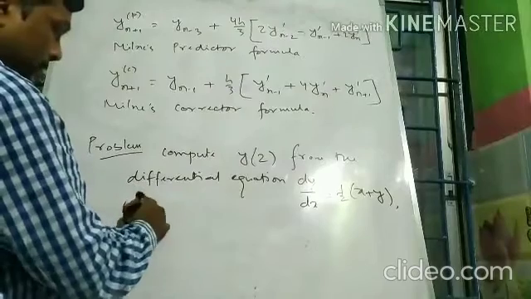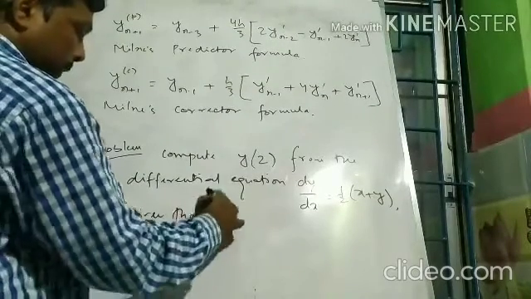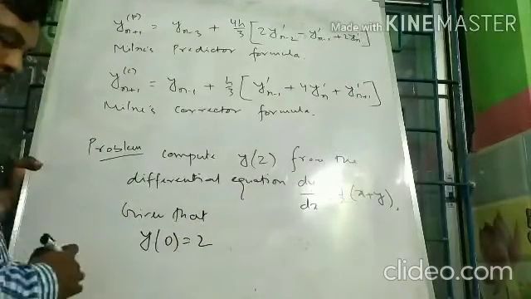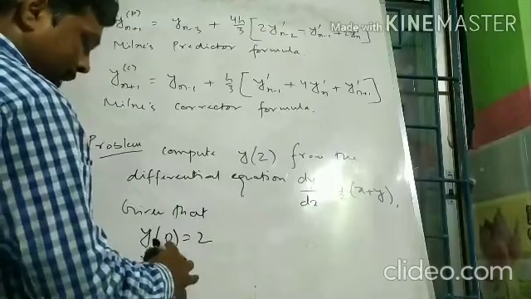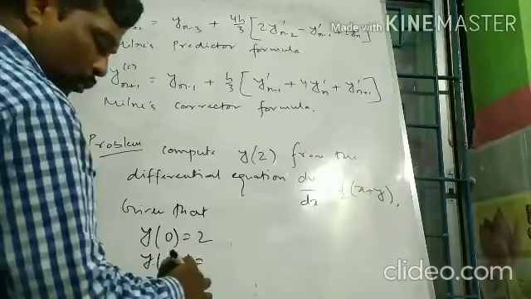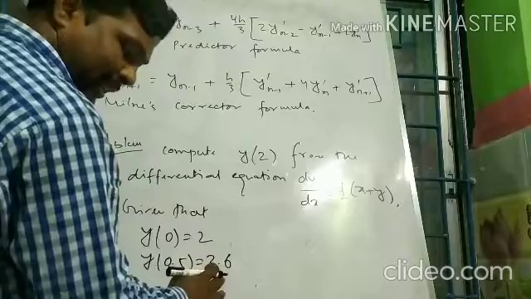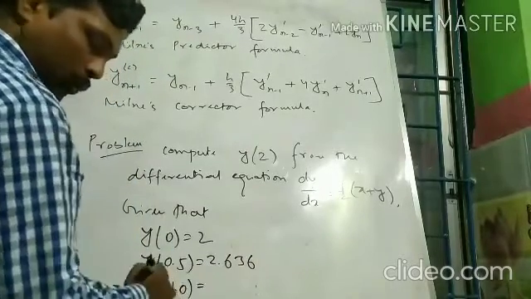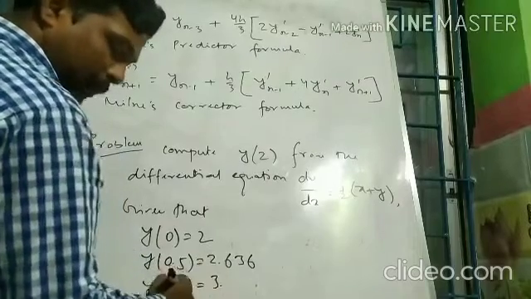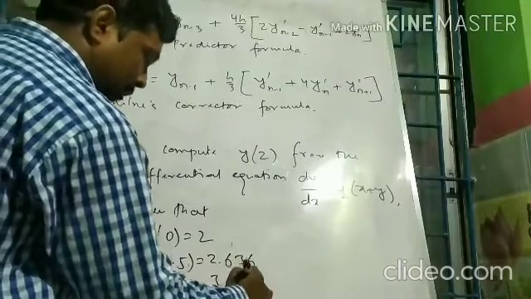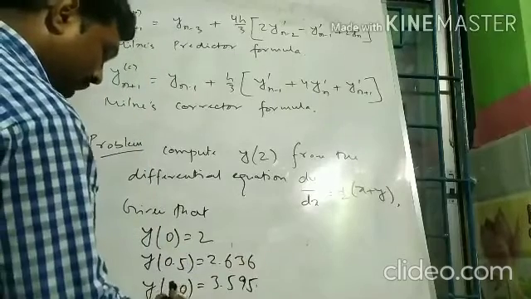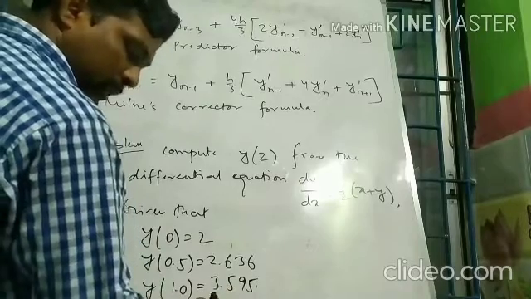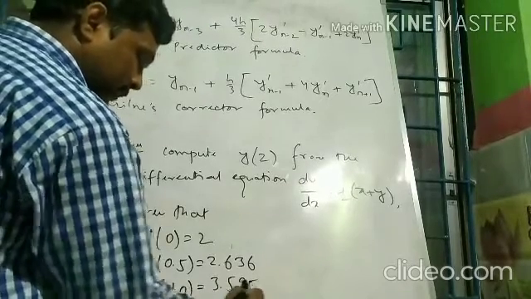Given that y(0) equals 2, y(0.5) equals 2.636, y(1.0) equals 3.595, y(1.5) equals 4.968.